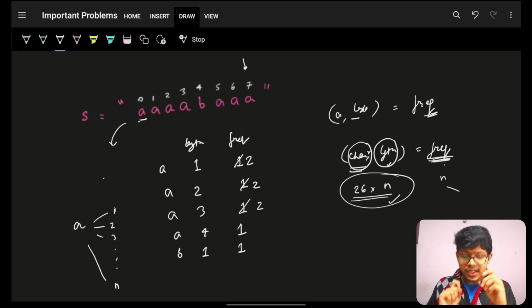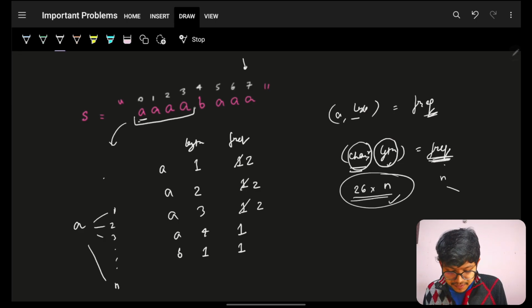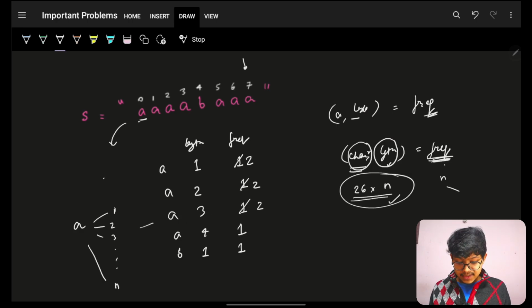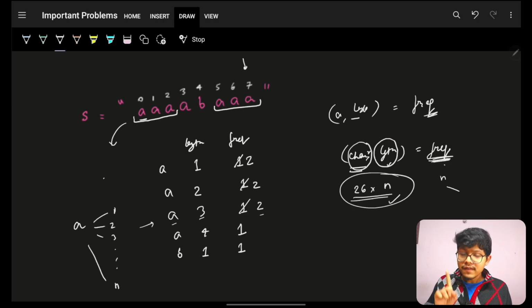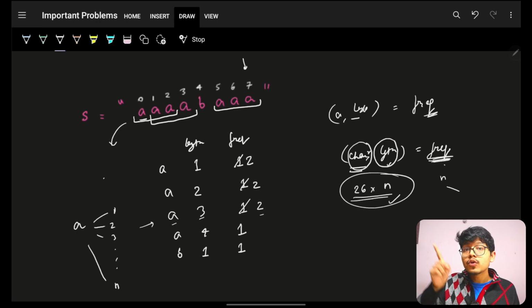You might say, Aryan, this answer indicates that for A as a character, having all the same characters, a string of length 3 as a substring has only twice as the frequency. But I will say no, you are incorrect, because the two which you have counted is actually this one and this one. You never counted this thing.